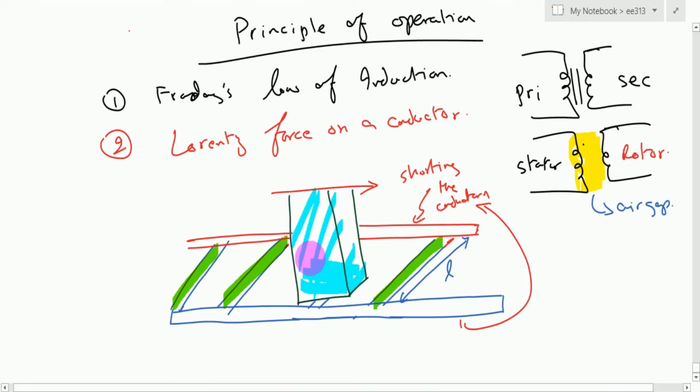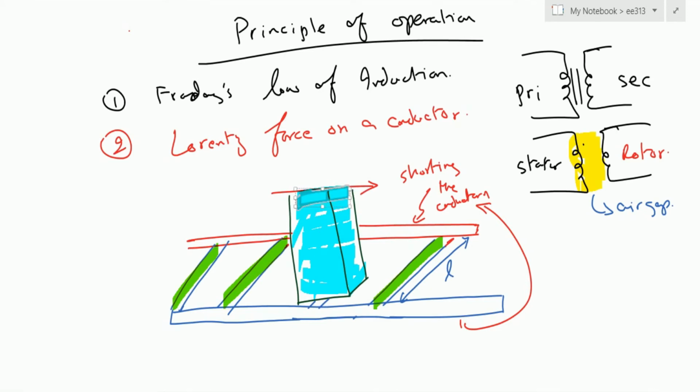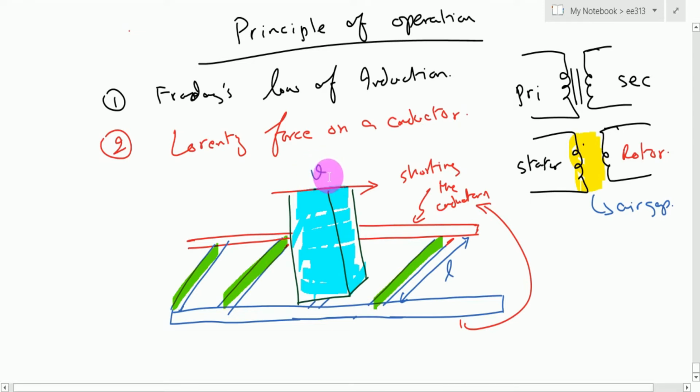This permanent magnet is moving at a velocity v, so that its magnetic field is cutting across the connectors, one connector after another.